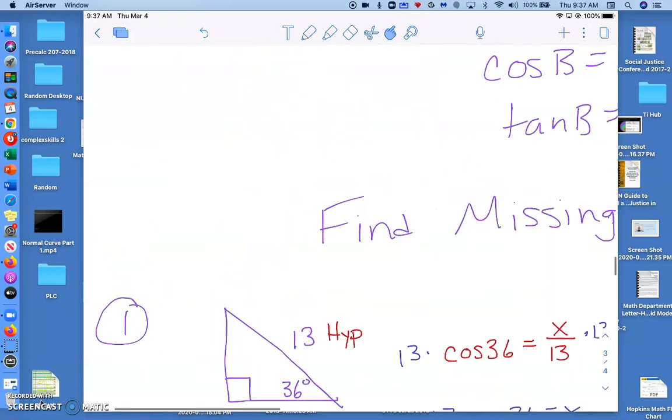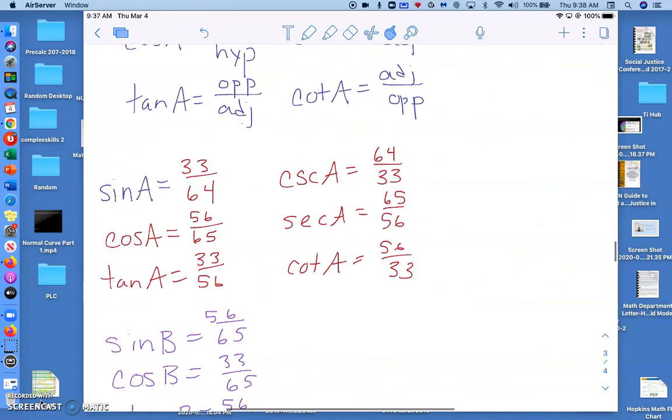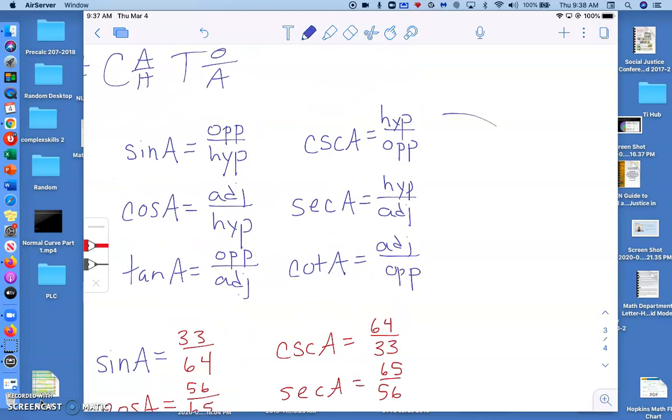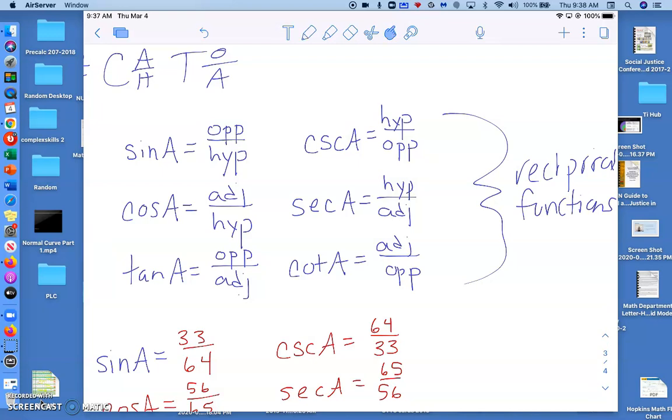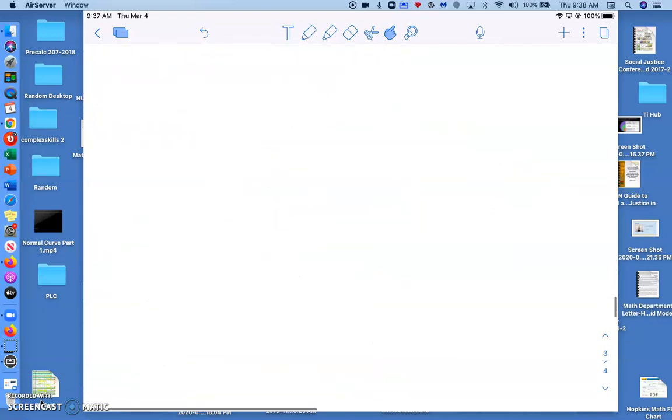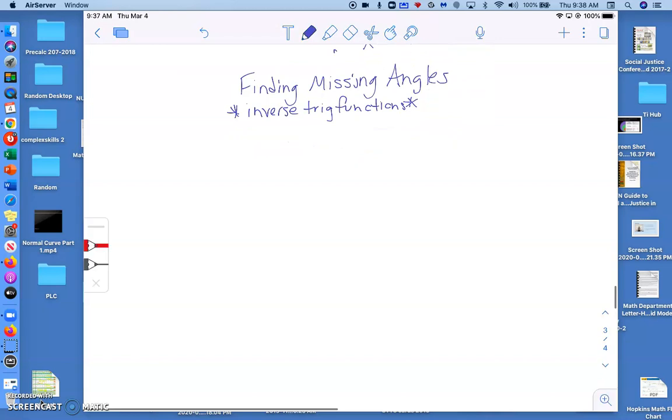Up here, I might have misspoke, but these three over here are your reciprocal functions because we flipped those fractions. But now we're going to be talking about your inverse functions. You find them on the calculator. They are sine inverse, cosine inverse, and tan inverse.